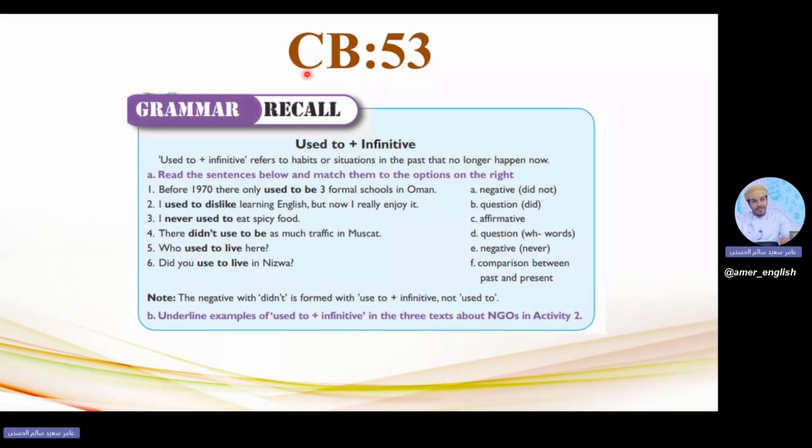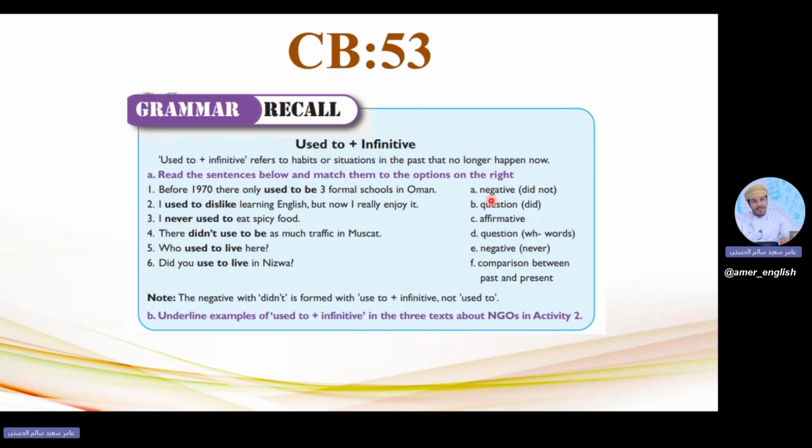Okay, guys. So if we go back to our class book, page 53, we will focus on the same grammar rules. So now I hope you are familiar with this grammar rule, which is used to plus infinitive. Used to plus infinitive refers to habits or situations in the past that no longer happen now. So let's read these sentences and match them to the options on the right. What options on the right do we have?